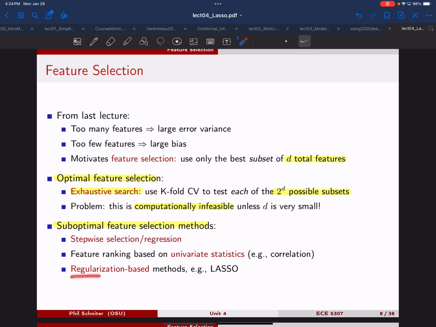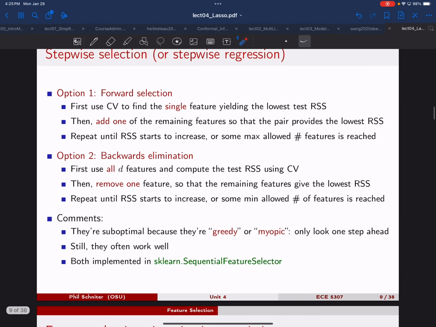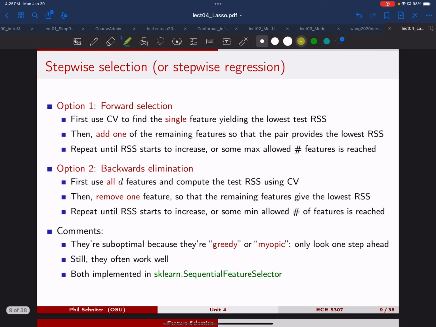And the last are regularization-based methods, and they're all pretty different. We're going to spend most of our time on these regularization-based methods. Okay, so that's sort of a bird's eye view. Any questions before we move on? Okay, so we just have one page on stepwise methods.